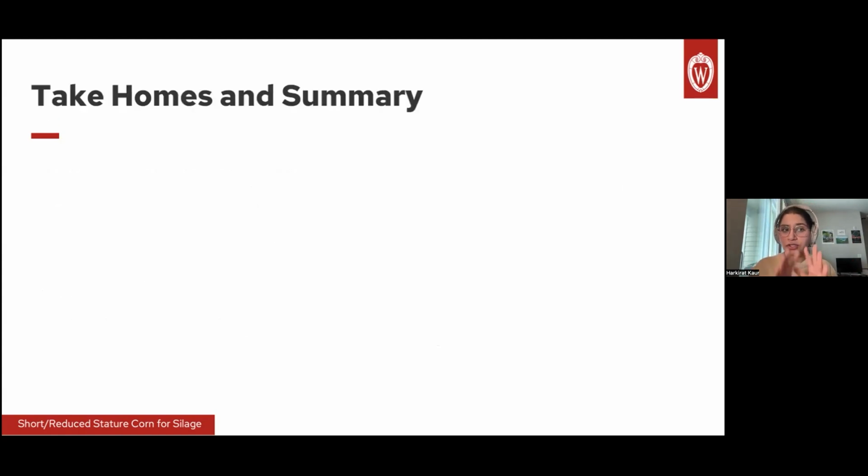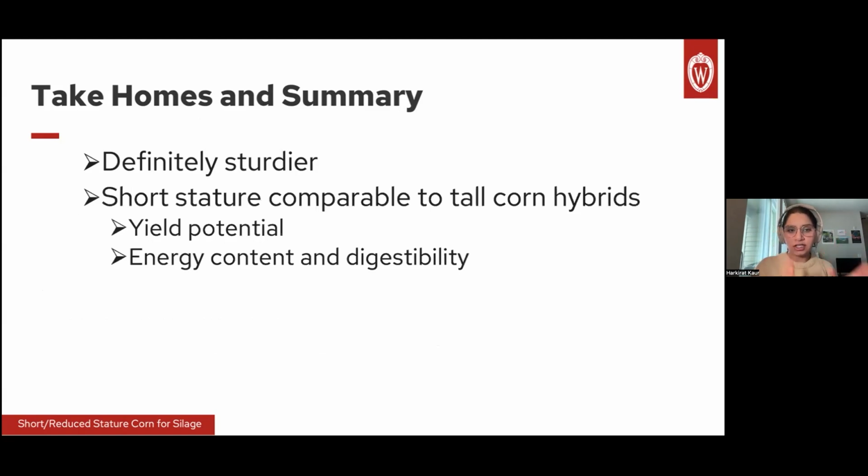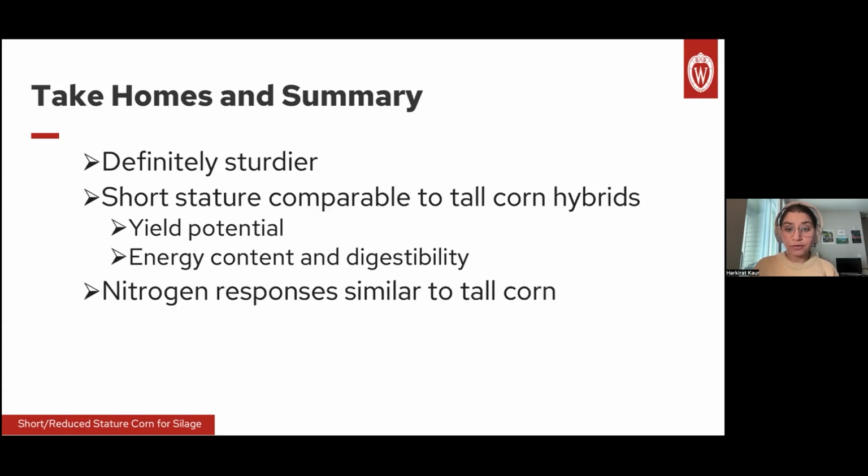And with that, I would just like to highlight the overall take homes and summary, where we have definitely seen that short corn is sturdier than the taller hybrids. It is resistant to lodging. Secondly, the yields that we are looking at are comparable to taller corn. And moving forward, the nitrogen responses as tested as of yet were quite similar to tall corn.